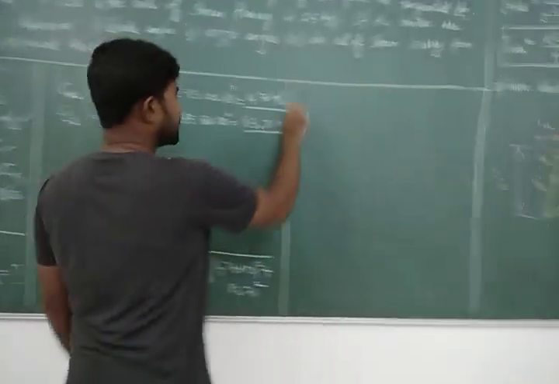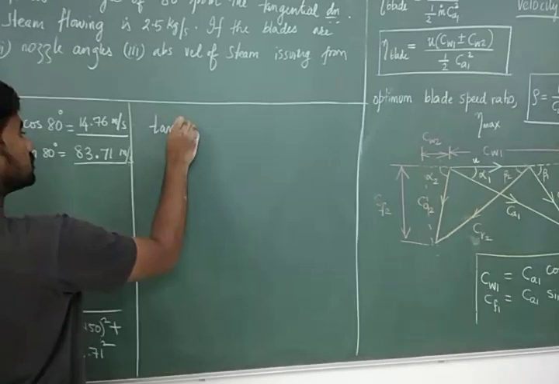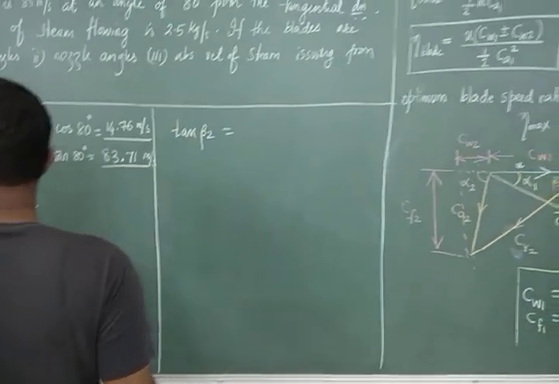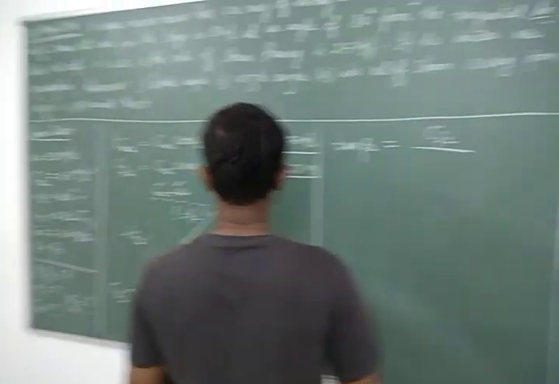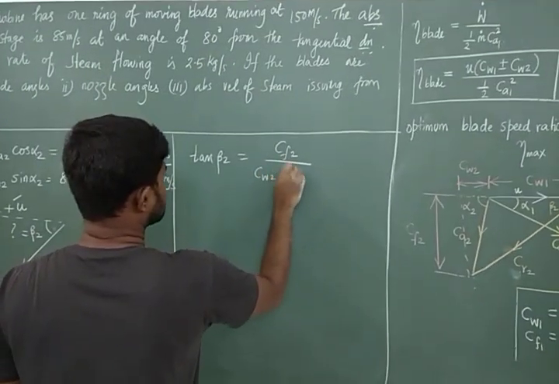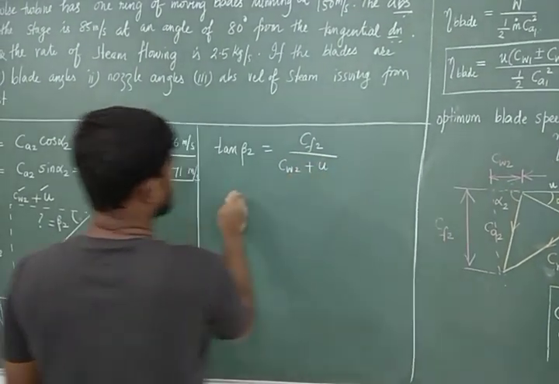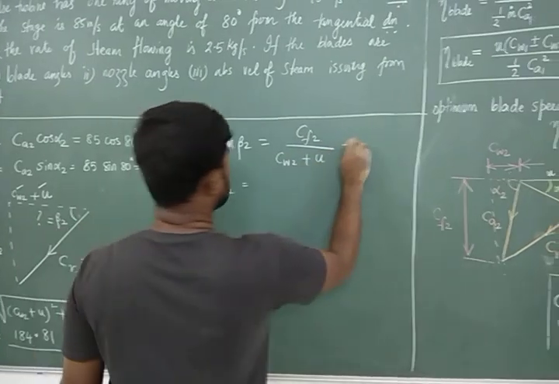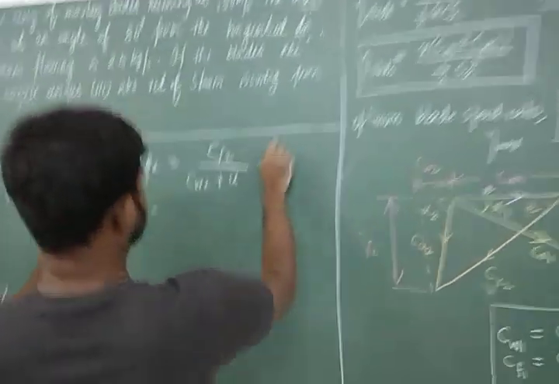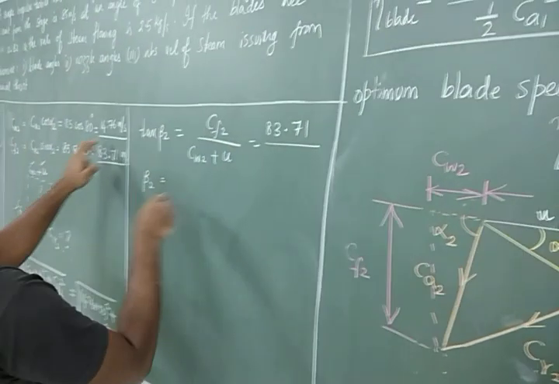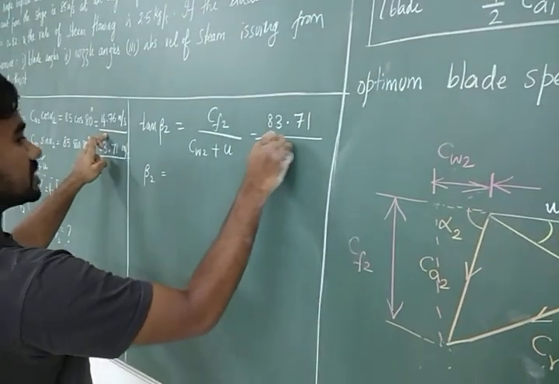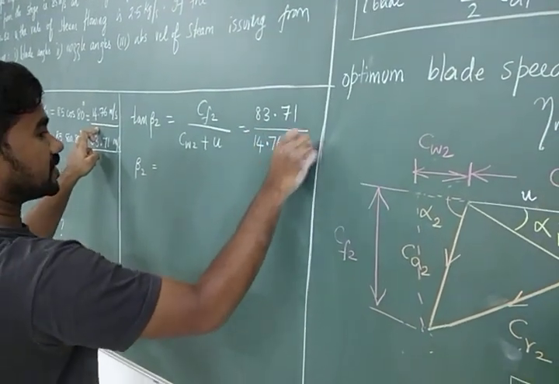So from trigonometry, tan beta 2 is equal to opposite, which is CF2, divided by adjacent, which is CW2 plus U2. So now beta 2, and this you can substitute. CF2 is 83.71 divided by CW2, 14.76 plus 150.